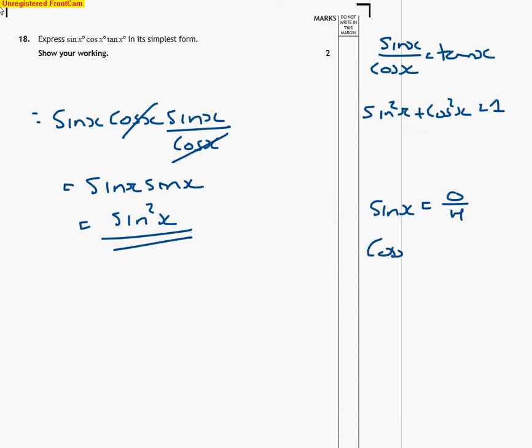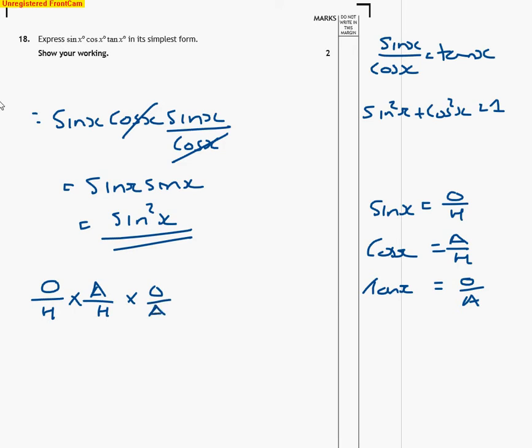Cos x is equal to the adjacent over the hypotenuse. And tan x is the opposite over the adjacent. So if we were to rewrite sine x, cos x, tan x in terms of this, it would look something like this: the opposite over hypotenuse times adjacent over hypotenuse times opposite over adjacent.